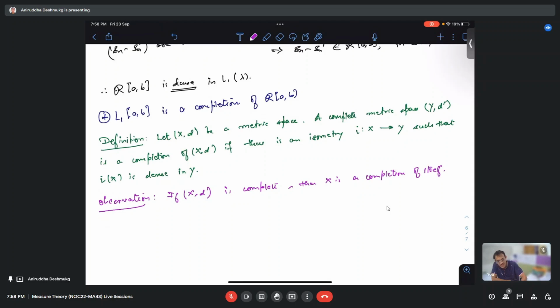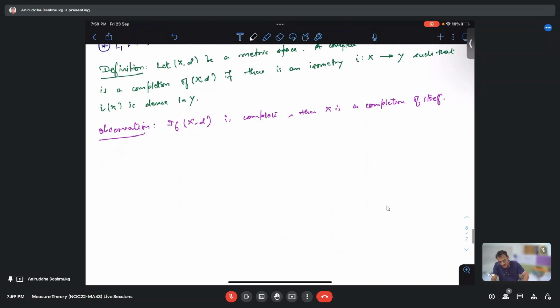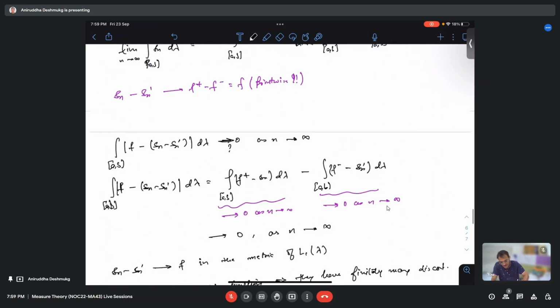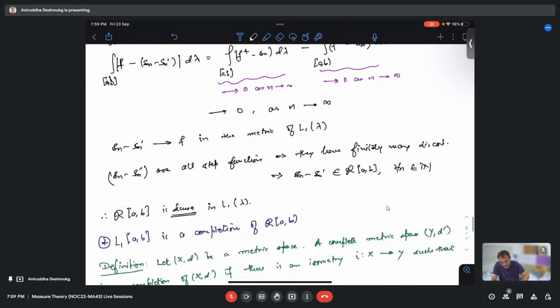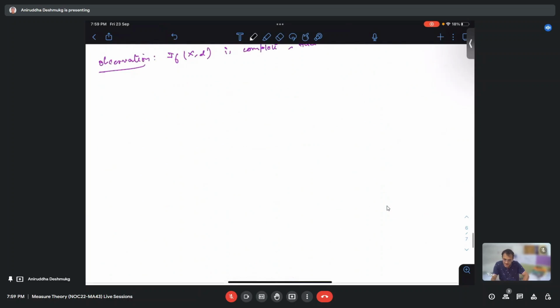That is because it is already a complete metric space, and the identity map from X to X is an isometry, because it preserves the metric, and moreover X is dense in itself. In fact, every space is dense in itself. So, okay. With this, let us do one more thing, and then we will stop.